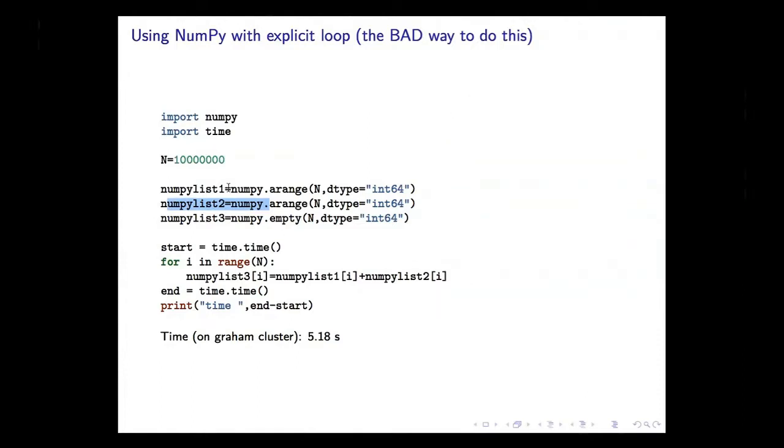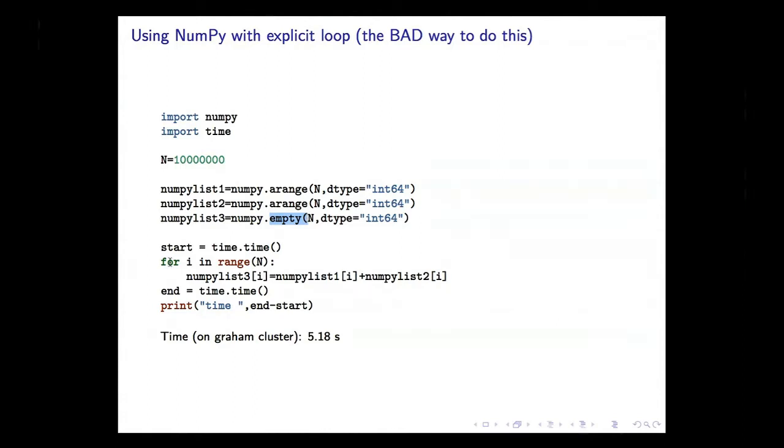So I fill list 1 and list 2 with numbers 0, 1, 2, up until n-1, using numpy.arange, as we've seen before. And here I specify that I want to store these numbers as 64-bit integers. So I do that. And I also define a new list to store the result, which I'll make empty. So for now, it's been allocated in memory, but it's empty.